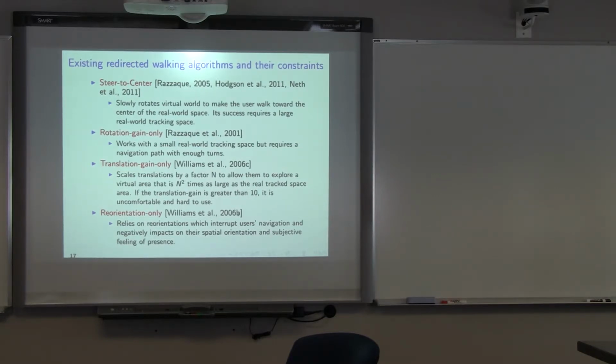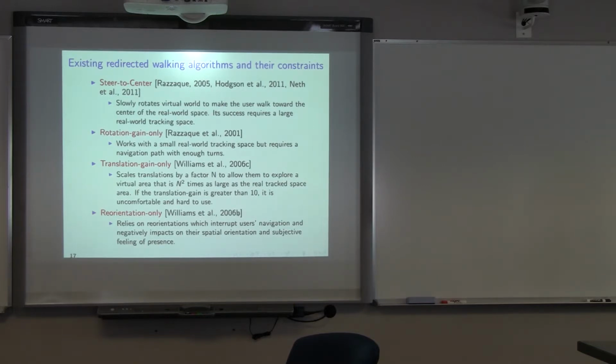The translation gain only approach calculates the translation gain that's needed to navigate all dimensions in the virtual world. And it picks the maximum translation gain and applies it to the virtual world.